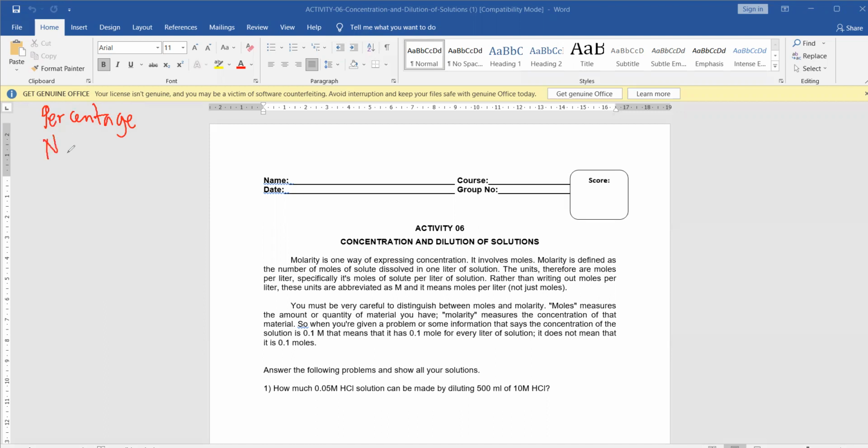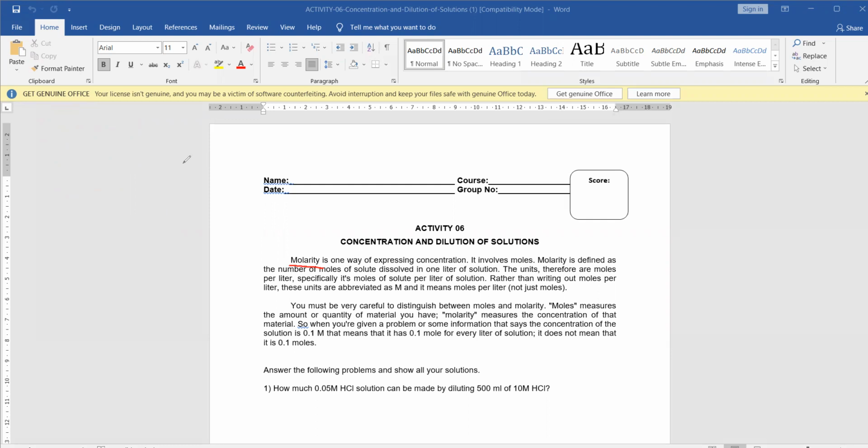We also have the so-called normality and then molality. And though this is obsolete nowadays, we also had formality as expression of concentration. But then again, for today, we will just concentrate to molarity. So again, molarity lang ha.